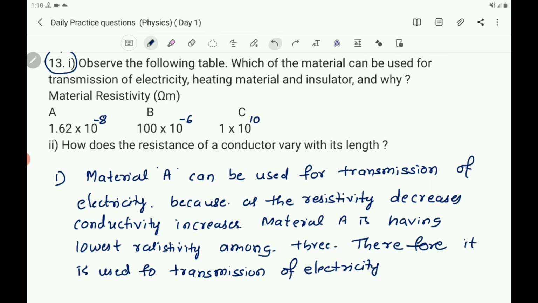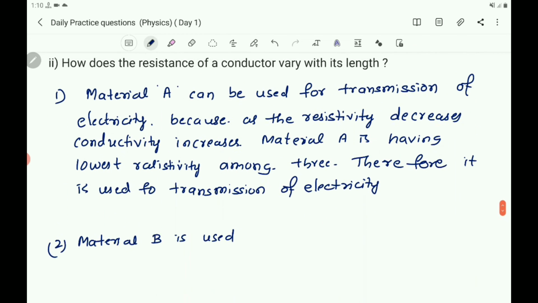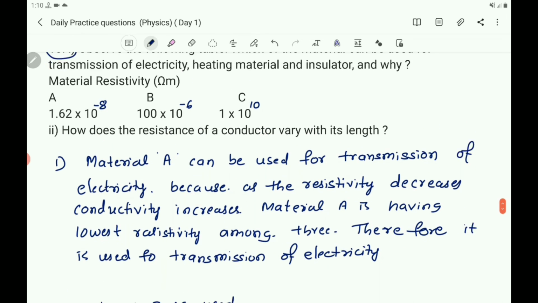So write, material B is used for heating material.